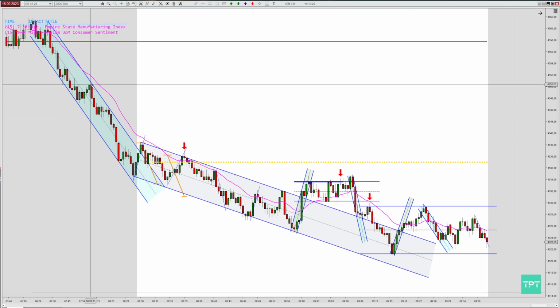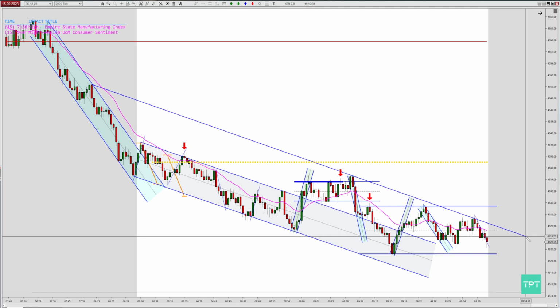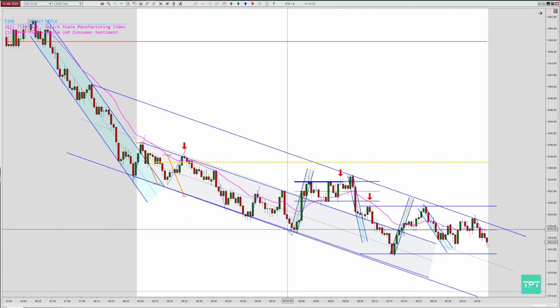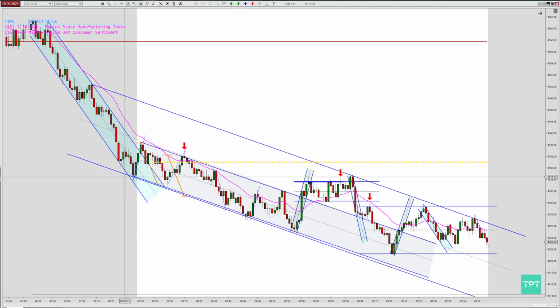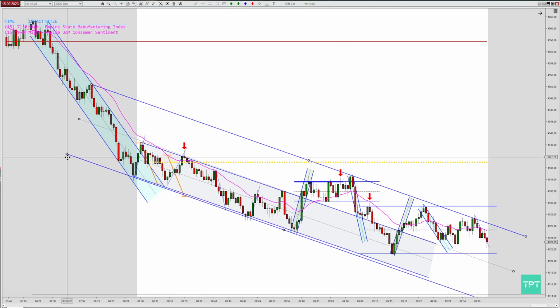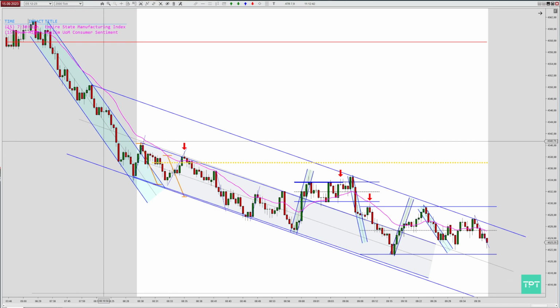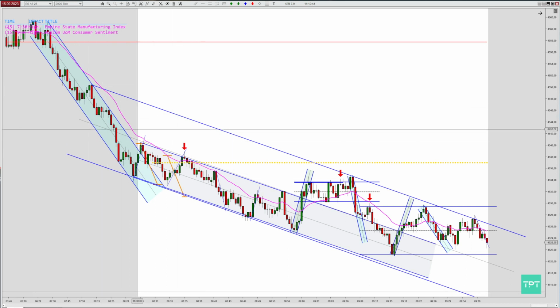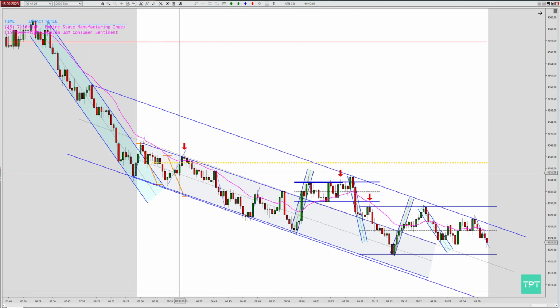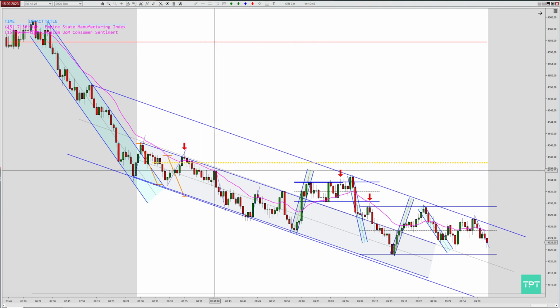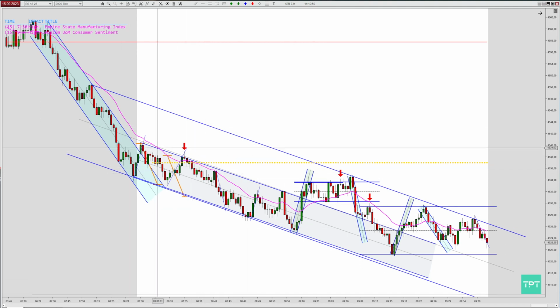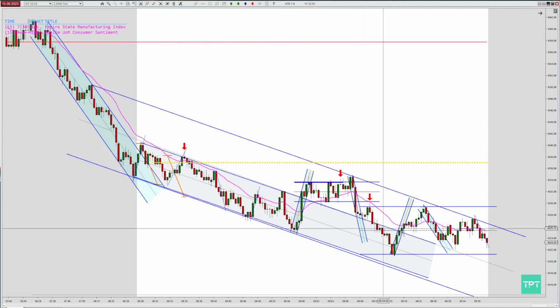No, this doesn't look good. Something like this here would fit with this lower line here. Let me check. I think I will try this channel here for now, because you can see it's aligning with what we had before. The midline of this bigger channel equals the top line of the downtrend here.